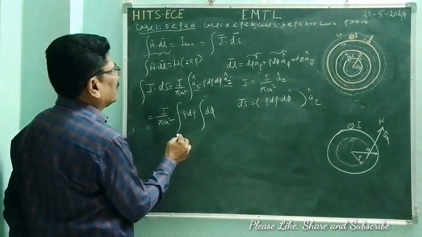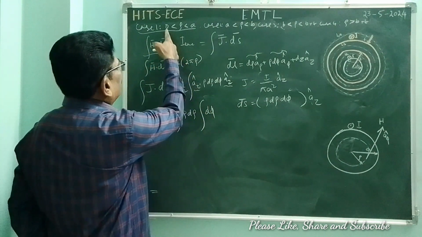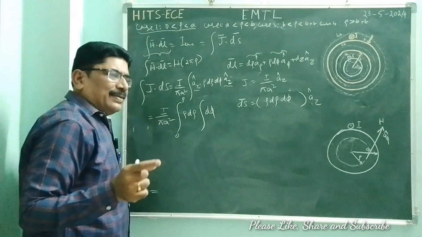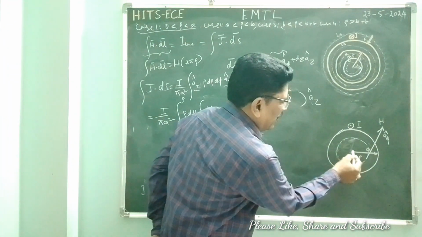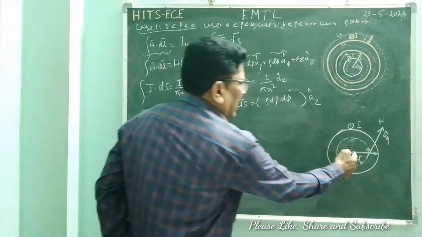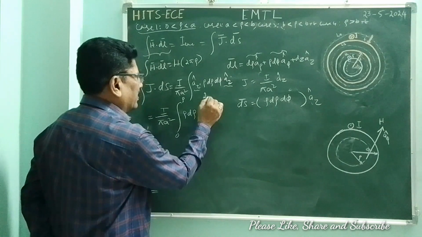For case 1, rho varies from 0 to rho only, since the Amperean path radius is rho, and the angle is 360 degrees, 0 to 2 pi.